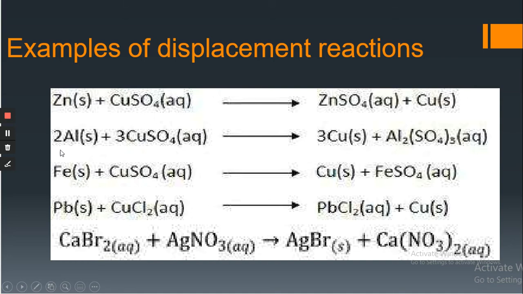And when iron reacts with copper sulfate, copper will be freed and iron sulfate will form. When lead reacts with copper chloride, lead chloride will form and copper will separate. Now, when CaBr2 reacts with AgNO3, AgBr will form and calcium nitrate will form.